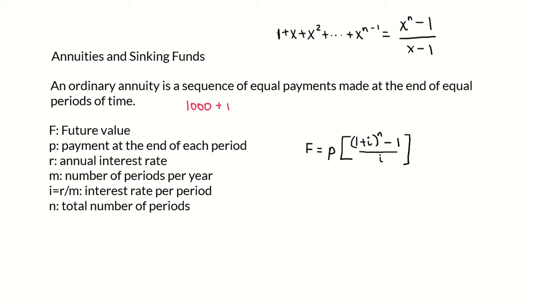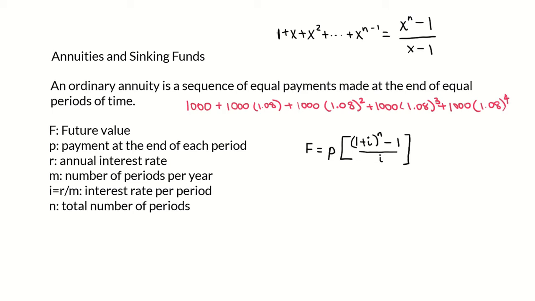But the deposit before that, from the year before, would earn 1 year of interest, and the deposit before that would earn 2 years worth of interest, so that's like multiplying by the rate 2 times. The year before that would earn 3 years worth of interest, and then the initial payment at the end of the first year would earn 4 years worth.